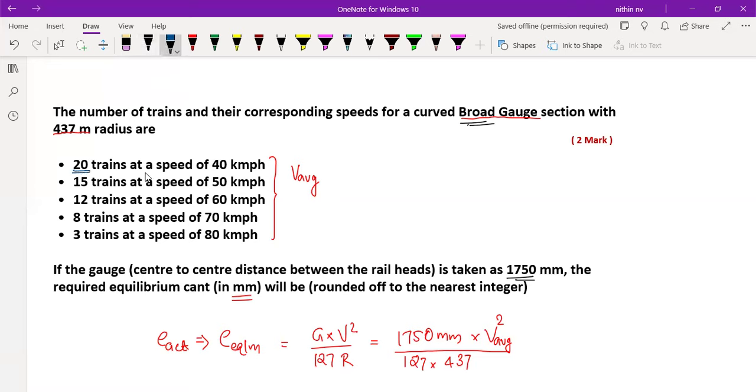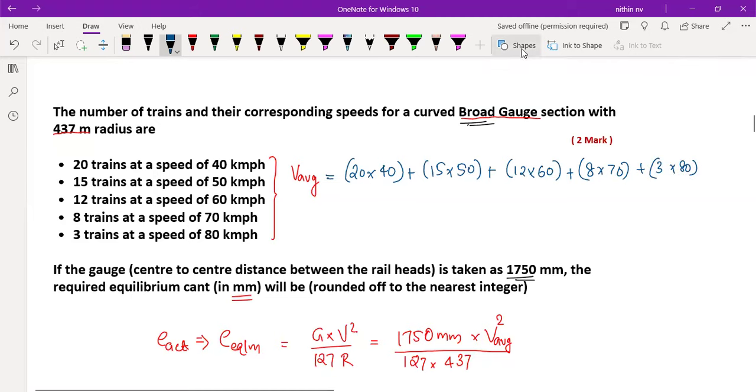Now, how to calculate the average speed? When they are giving the numbers with the corresponding speeds, or the speeds of the various trains which are using the track, we need to calculate the weighted average, right? How are we going to calculate the weighted average? There are 20 trains which are running at a speed of 40 kmph, and there are 15 trains which are moving at a speed of 50 kmph. Similarly, 12 trains at 60, 8 trains at 70, and finally 3 trains traveling at 80 kilometers per hour.